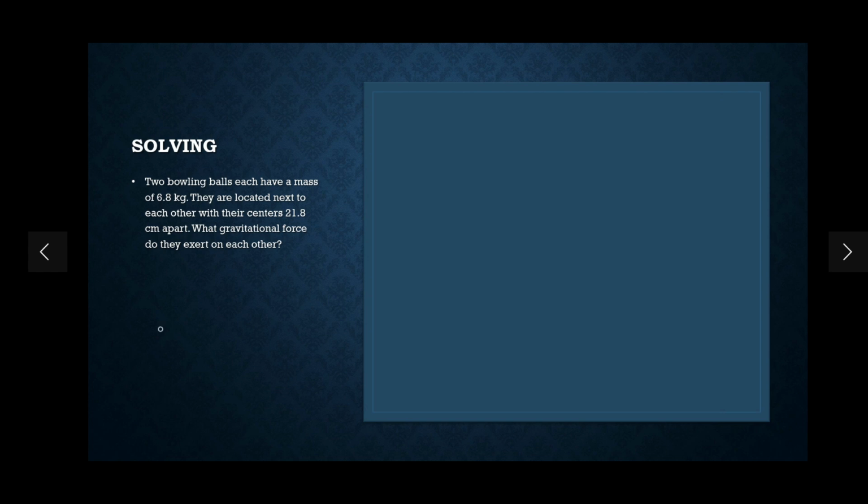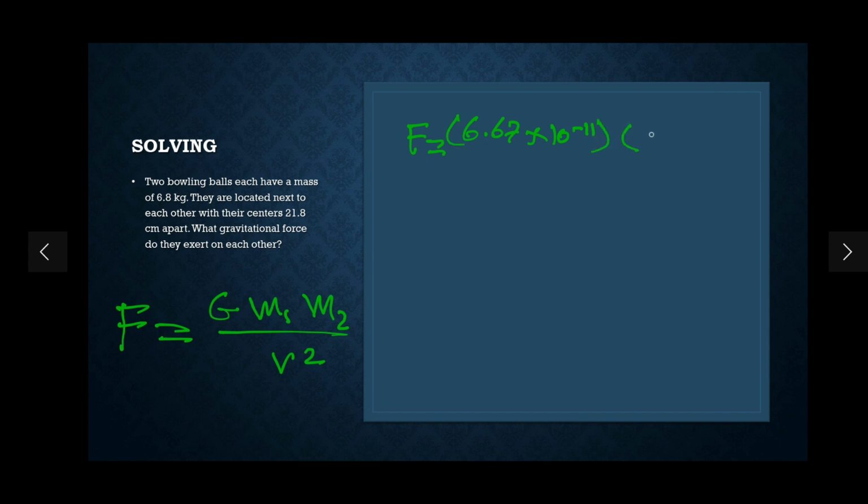All of these equations follow the same rule: F equals G m1 m2 over r squared. Let's solve. F equals 6.67 times 10 power of negative 11 times 6.8 times 6.8 over 0.218 squared.